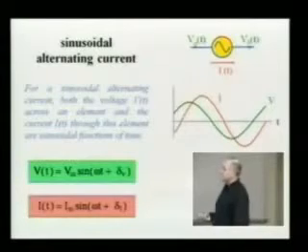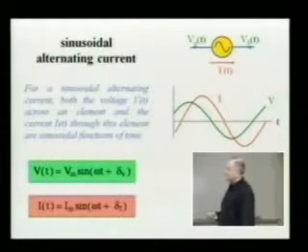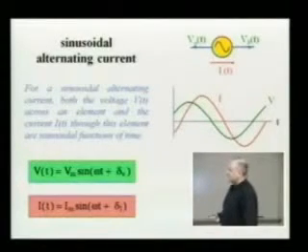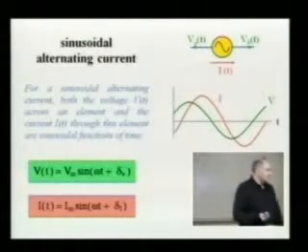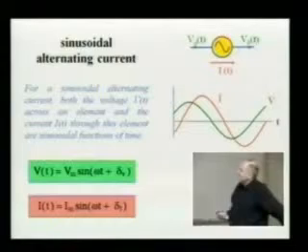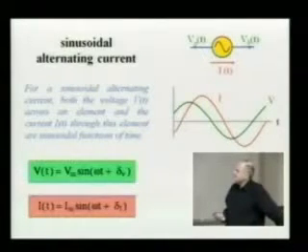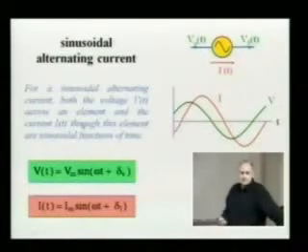So, for a sinusoidal alternating current, both the voltage across an element and the current through the element are sinusoidal functions of time. Now, doesn't it look like I'm being redundant here? I'm saying that for a sinusoidal current, the current is a sinusoidal function.